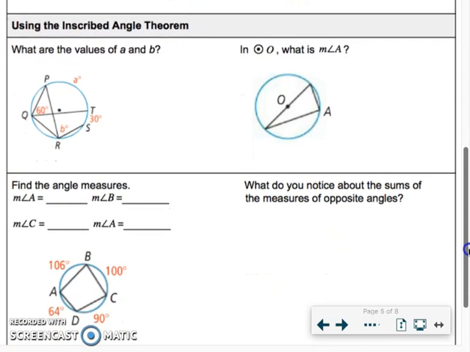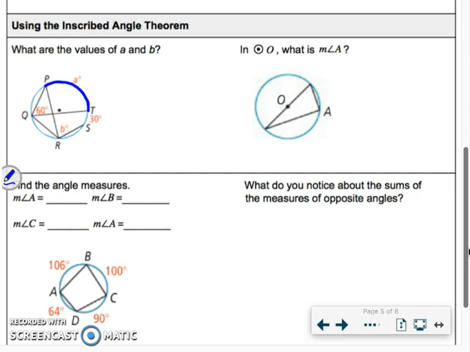All right, so what we're going to get are a lot of problems that are all using that one single idea. It's just a matter of trying to solve each of the puzzles here. So they want us to find the values of A and the values of B. So when I look at A, that's an arc. Okay, that arc that I have blue there. So I like to highlight that.